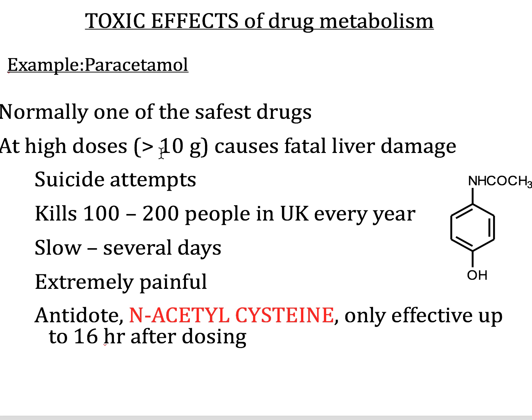Usually paracetamol is administered at around 250 milligrams, 3 times a day. It's been reported that about 100 to 200 people in the UK die by suicide, overdosing themselves with paracetamol, which is extremely painful and puts very high pressure on your liver.